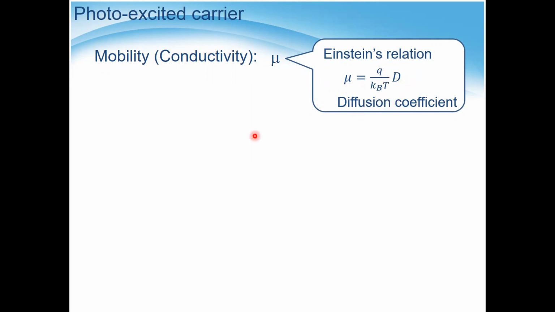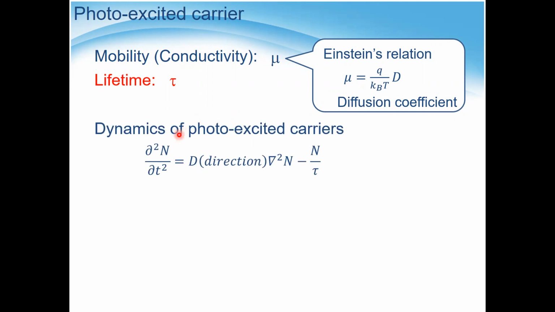The difference of the photoexcited charge carriers is they have a lifetime, right? So the physical model of the photoexcited charge carriers change in time and space is controlled by the diffusion term and also the decay term.